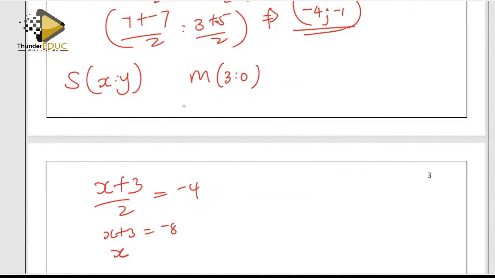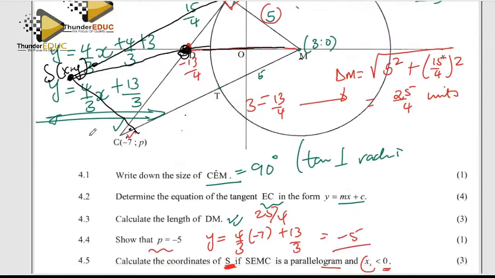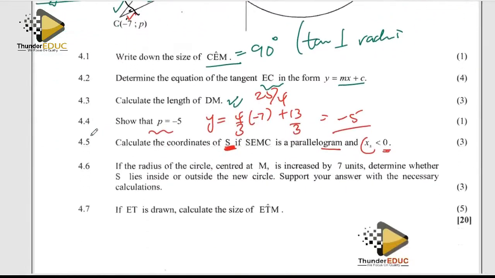Move the 3 that side, x is negative 11. Then y plus 0 over 2 must give me the y value of the midpoint, so y is going to be negative 2. That is how I would have answered that question. So they want the coordinates: negative 11 and negative 2.